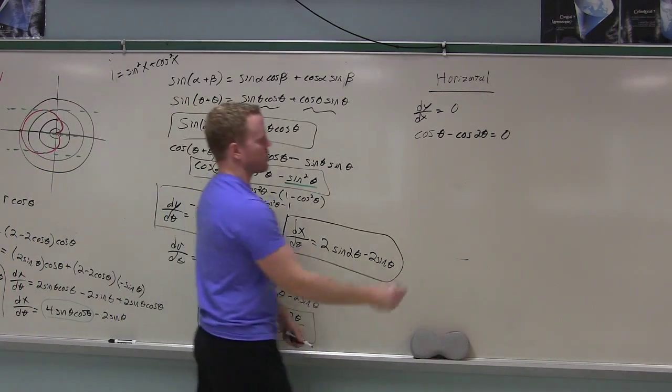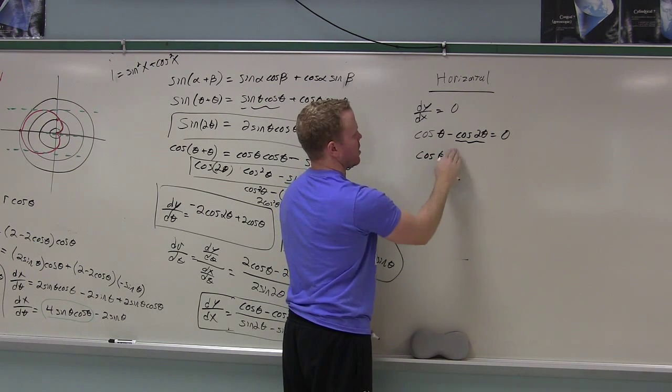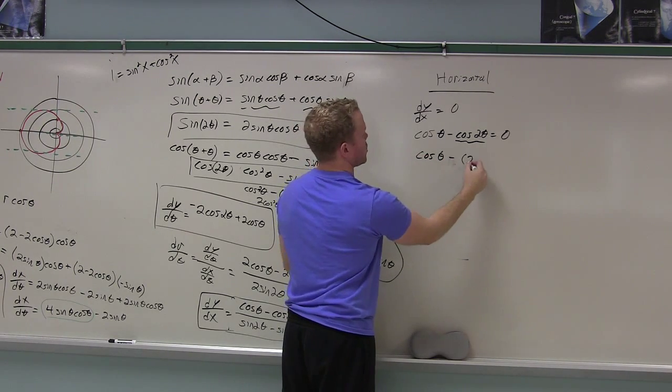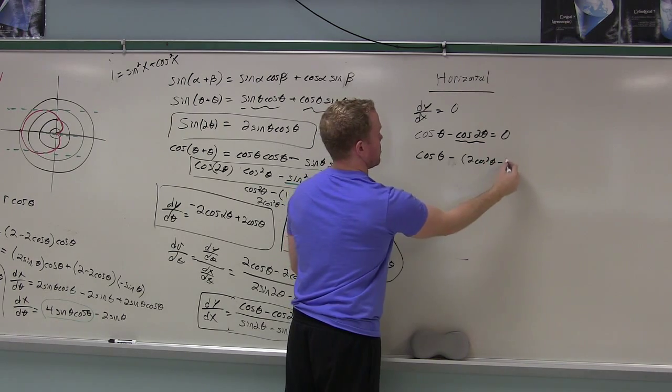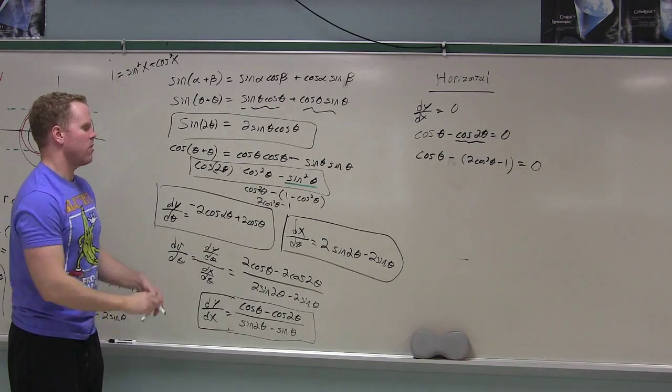So you'd rather just replace this cosine 2 theta with 2 cosine squared theta minus 1. Just watch your parentheses and you're okay.